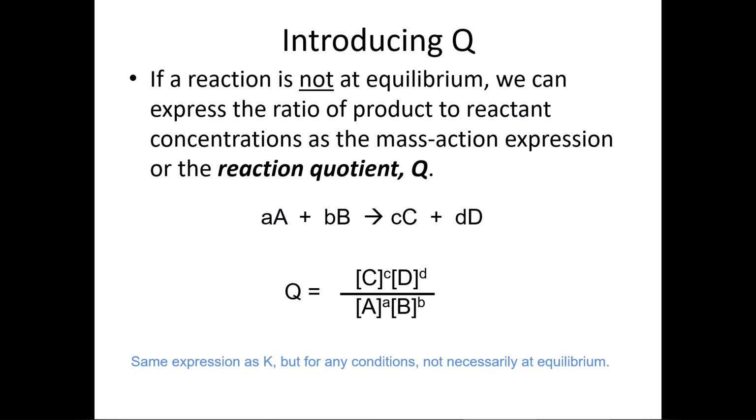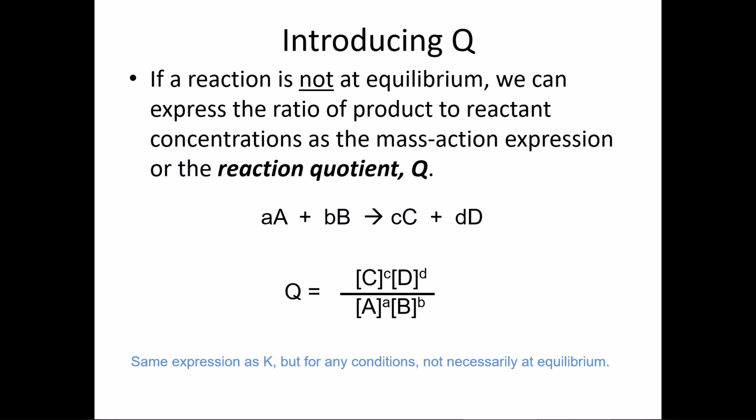Alright, well, what if we're not at equilibrium? What if we start out with our reaction at initial concentrations, or we have mixed our reactants and products together in unknown quantities? We may not be at equilibrium with our reaction, so how do we know?